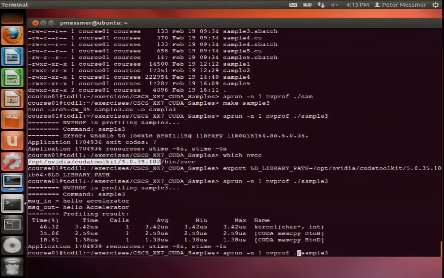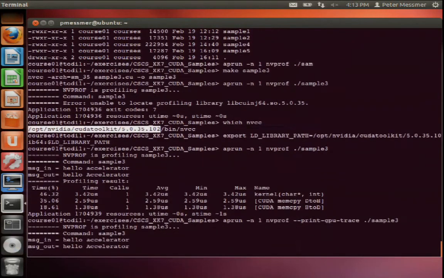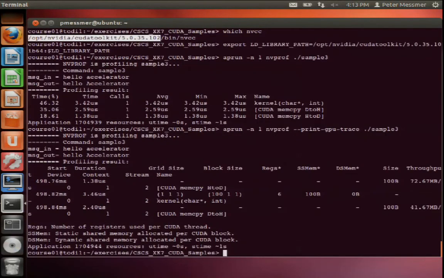Now, as I said, there's a wealth of options you can use, but print GPU trace. With this option, we should get a bit more information about the individual kernels.